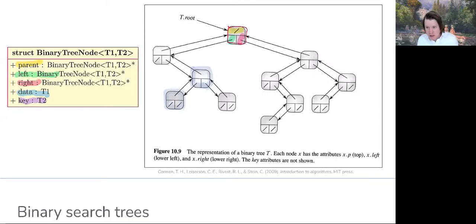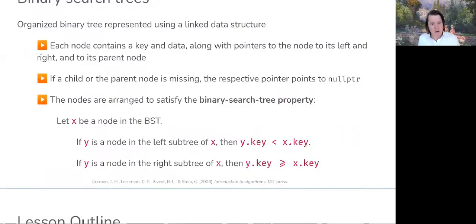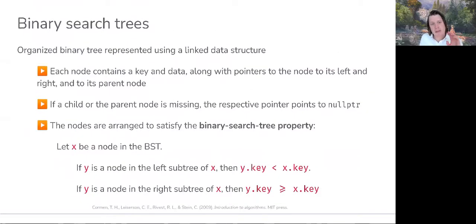It could have 1 child, such as this node over here, or it could be a leaf with 0 children. We then talked about how in all of these cases in blue, those nodes would have a parent, with the one special case being the root, which is the node from which all of these other nodes are descendants.